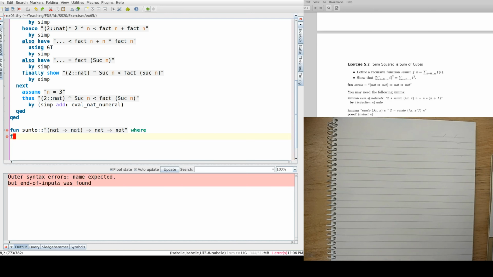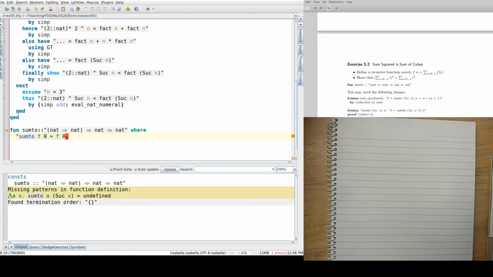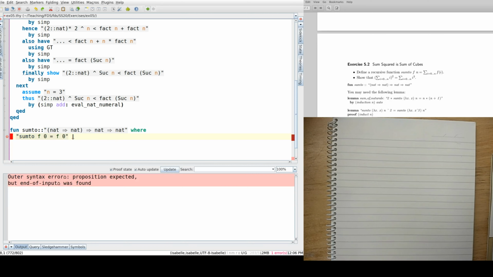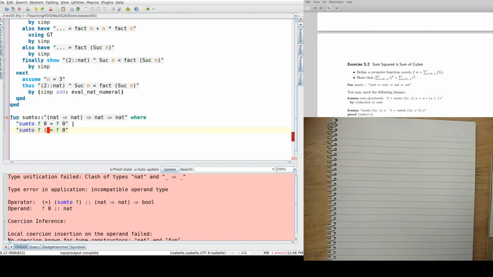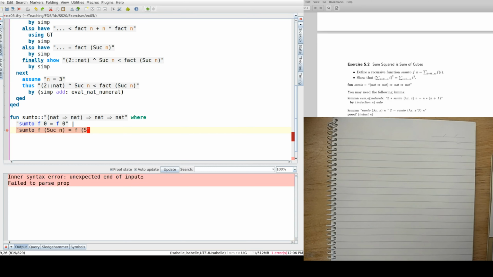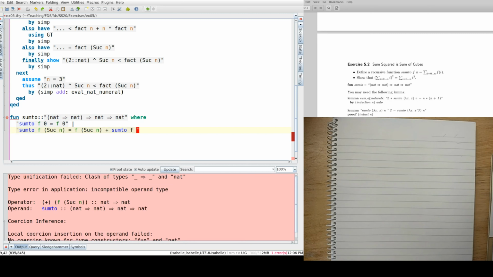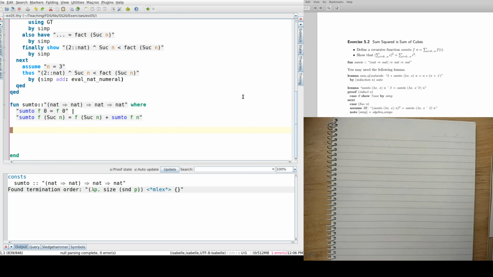So in this case, sum2 f of 0 equals f of 0, and otherwise sum2 f and n, okay? So that's the function.